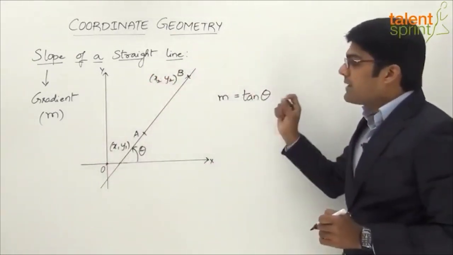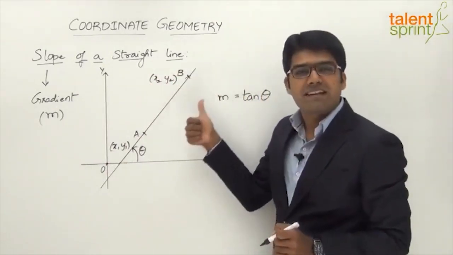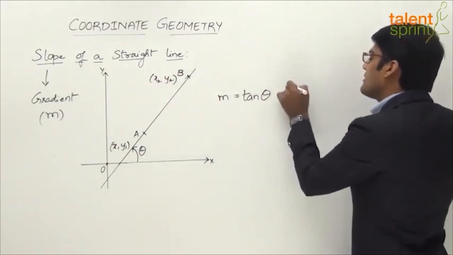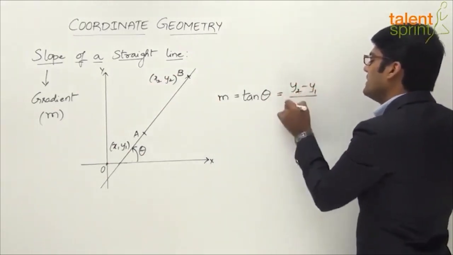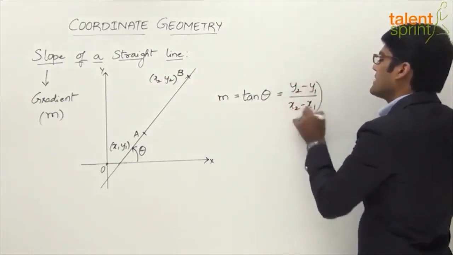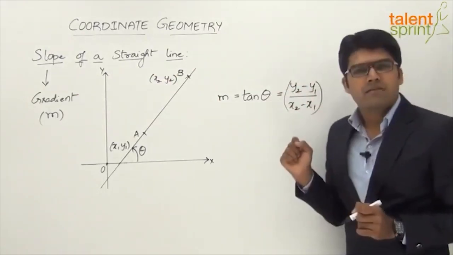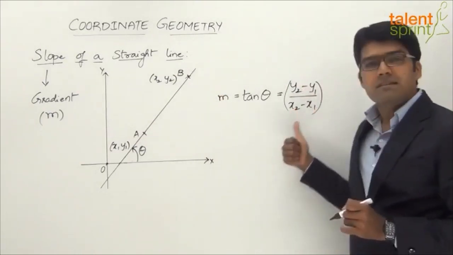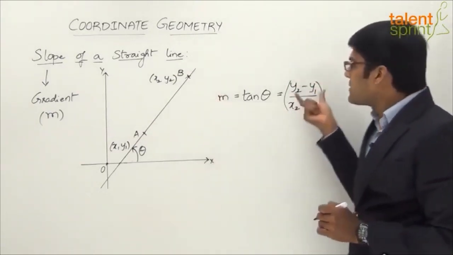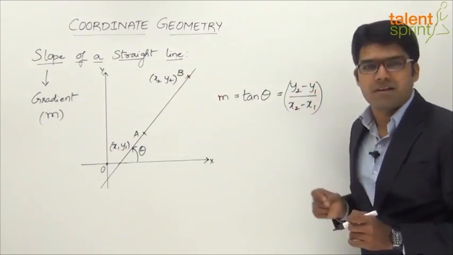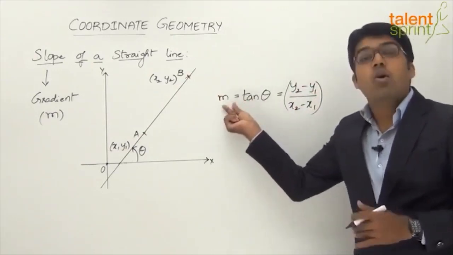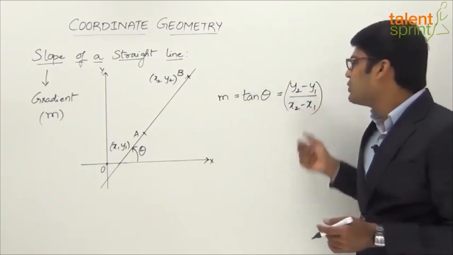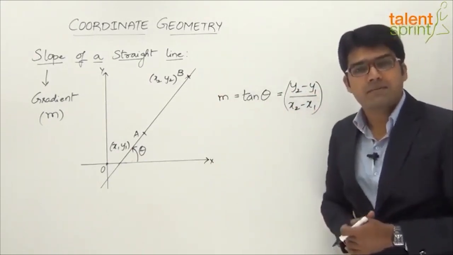If the two points through which the straight line passes are given to us, then the slope can be taken as y2 minus y1 divided by x2 minus x1, where y2 minus y1 is the difference of y coordinates of the two points, and x2 minus x1 is the difference of x coordinates. So the difference of ordinates by the difference of abscissa. So the slope of a straight line, or gradient, is equal to tan theta, which is equal to y2 minus y1 by x2 minus x1.